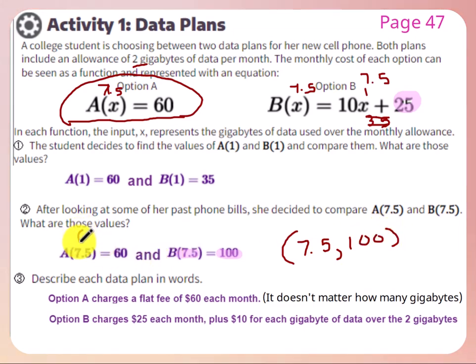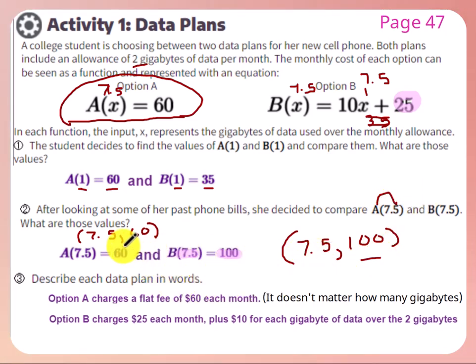Same thing here. We can plot the points 7.5 and 60. And these are 2 separate lines. We can plot 1, 60 and 1, 35. We also found A of 7.5 and B of 7.5.